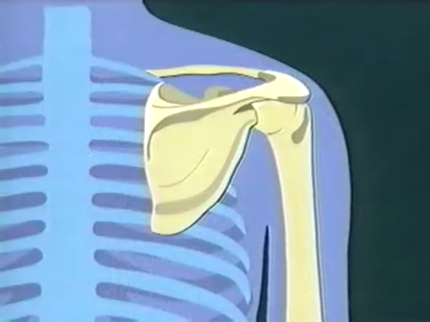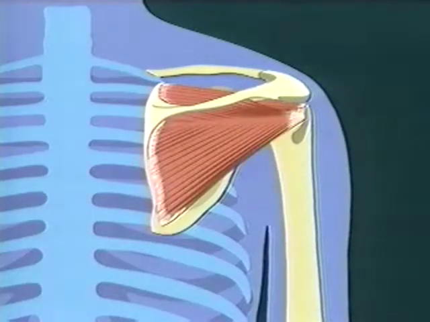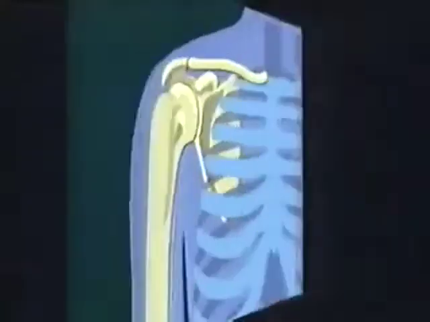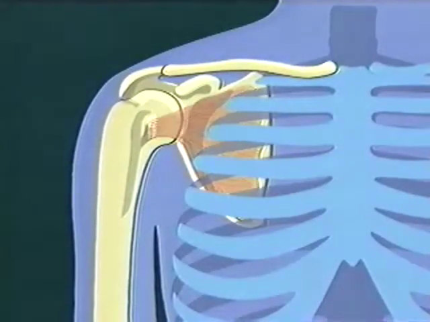Stability at the joint is provided mainly by a group of muscles arising from the scapula and passing to the head of the humerus. They consist of the supraspinatus muscle superiorly, the infraspinatus and teres minor posteriorly, and the subscapularis muscle anteriorly.